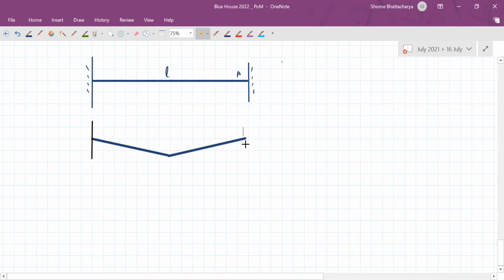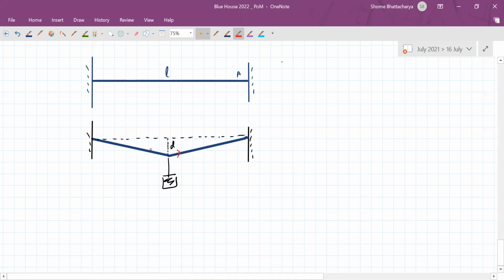Sag is the distance by which the center point where you suspended the weight actually comes down. So this is the distance by which it has sagged. Say this is d, because we have suspended a weight.